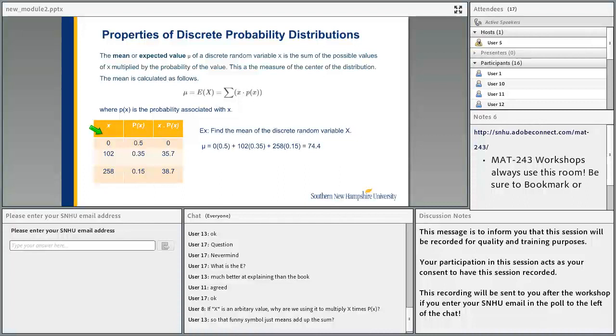If I take those values, I can multiply each with the corresponding probability and then add up all the products. Then I would get the mean. In my case, I just took some random numbers. I have not taken a particular experiment. But depending upon what your experiment is, if you have some values for a discrete random variable and you have the probabilities, you multiply them and then add them up to find the mean.